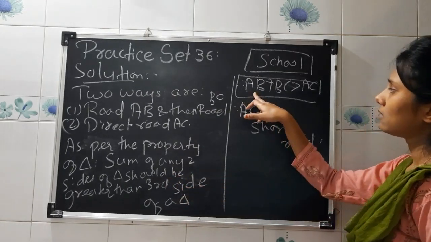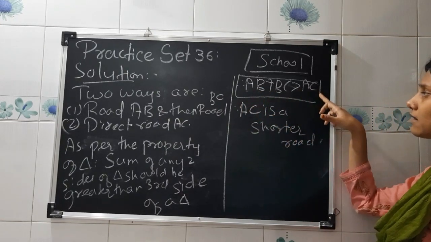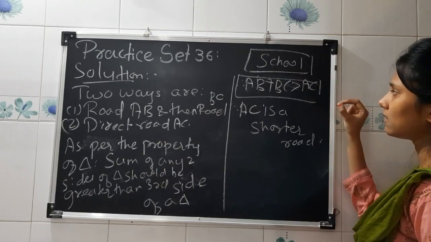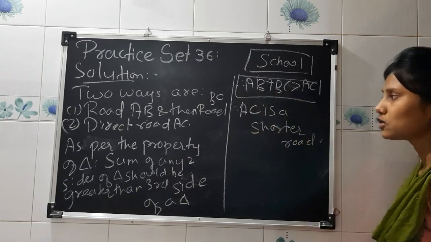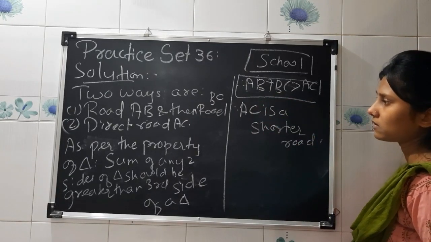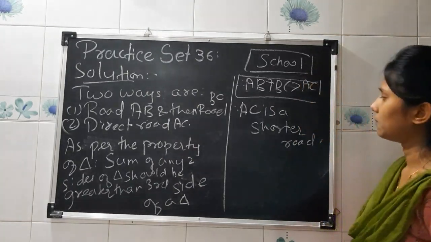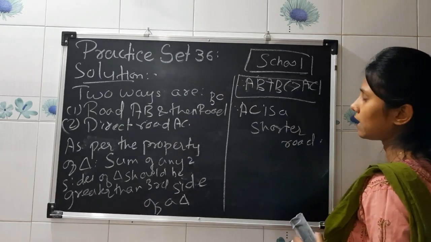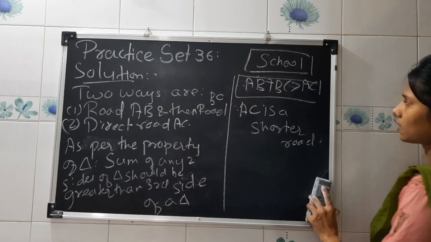So here, according to this property, AB plus BC is greater than AC. Okay, so it means AC is less than AB plus BC. So AC is a shorter road. Okay, understood? AC is a shorter road. So he should go from the road AC. Understood? Next.